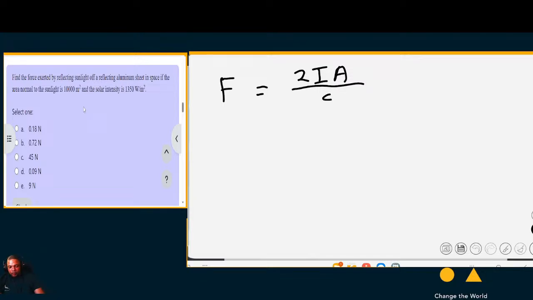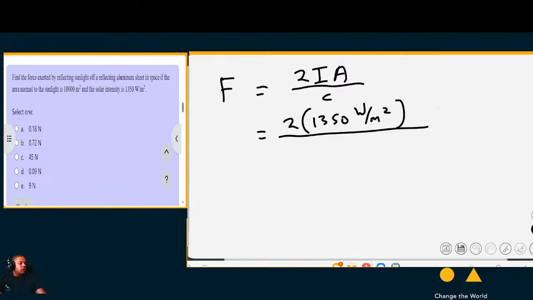Now we know that the solar intensity is, so it's 2 multiplied by the solar intensity. In this case it is 1350 watts per meter squared. That's the solar intensity.